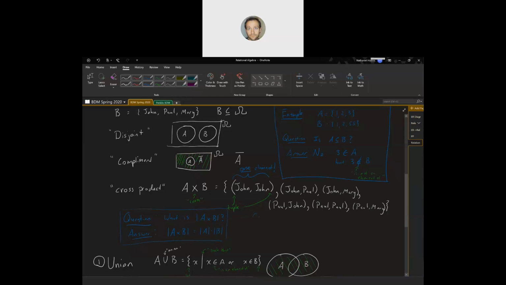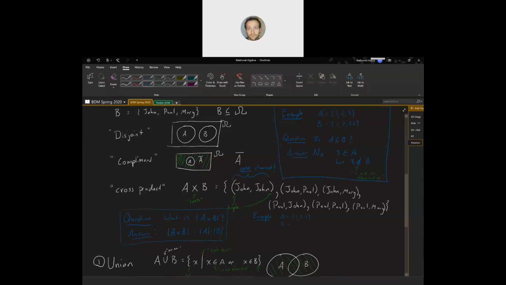Okay, here's another question. This is an example because there's a setup. Let's say A is 1, 2, 3.